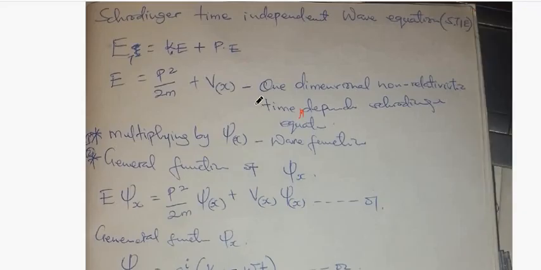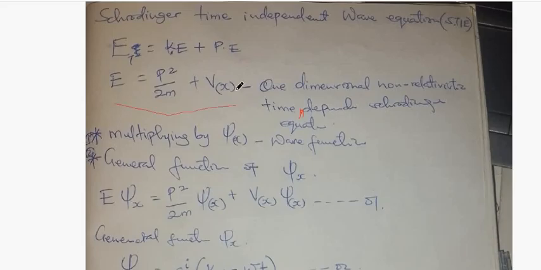Okay, so let's continue. Multiplying by psi, which is the wave function. First of all, we'll multiply with psi.